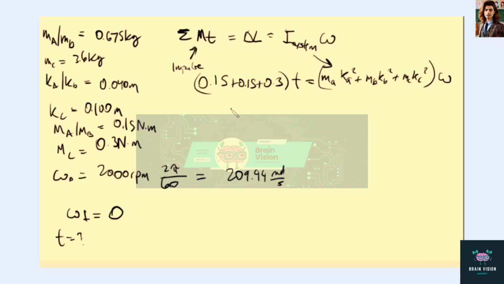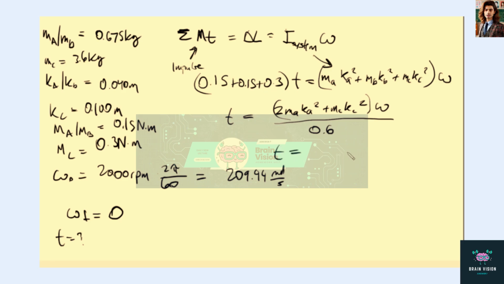So our t value is going to be, we're going to simplify this a little because these two are the same thing. So we have 2 MA KA squared plus MC KC squared times omega all over 0.6.